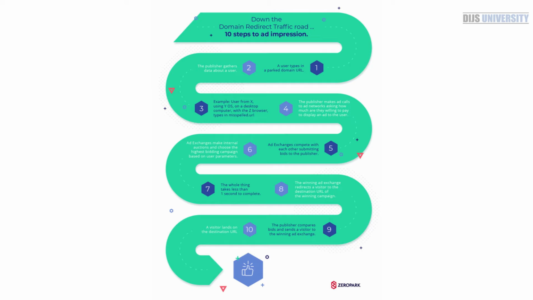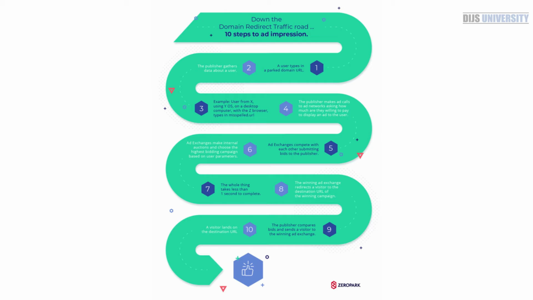What happens is the user is going to be redirected by typing in a URL in the browser. If there happens to be something misspelled or an akin domain name when they perform that search, after they hit enter, they're going to be matched with a parked domain name. That's going to be created by the publishers, and then the user is going to be taken to that domain, but doesn't get to see the contents.